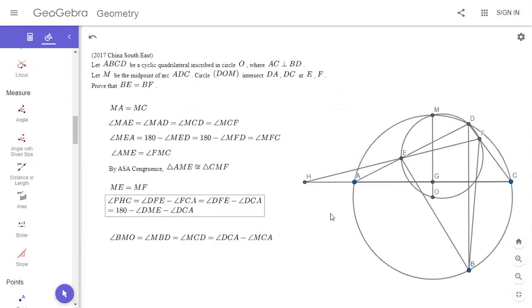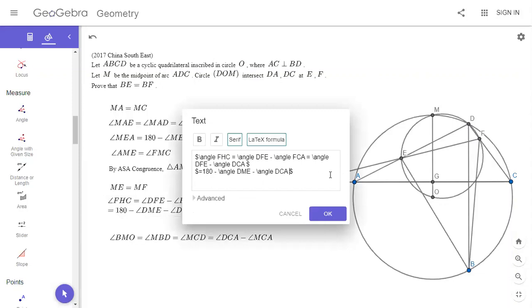So let's see. We want to show that this is equal to this. So 180 minus DME minus MCA.